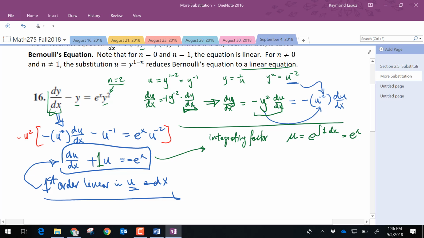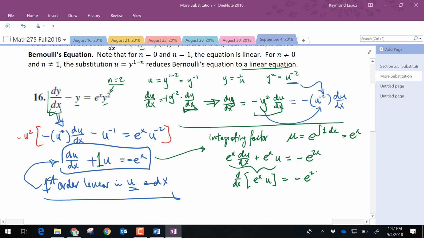All right, so we multiply everything by e to the x. Keeping in mind that u is still a function of x, at the end we'll need to replace it back into y's. We know that the left-hand side here is going to be a product rule of something, and that something happens to be e to the x times u. Go ahead and take the derivative to make sure that it's going to be this thing up on top.